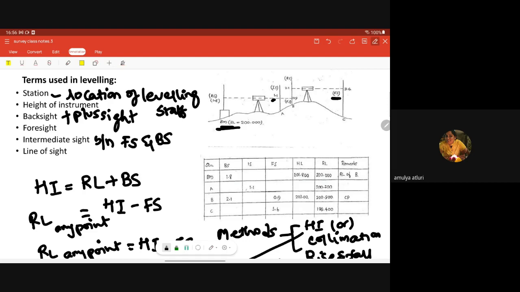So next, at point A, what are the points we have? At A, it is an intermediate point, 1.1 we have noted. And at C, the reading is 3.6, so it is a foresight. We have noted it in the foresight. Now we have calculated the HI and RL of all the points.